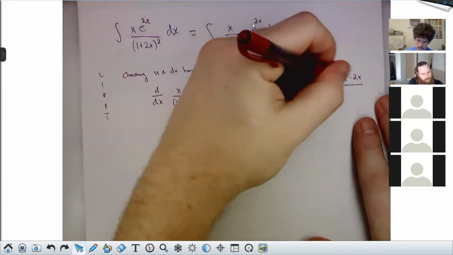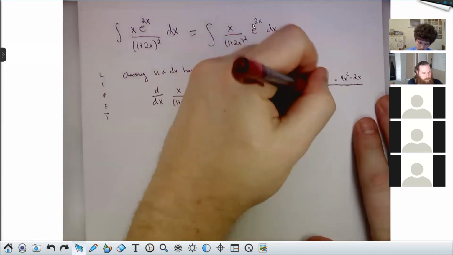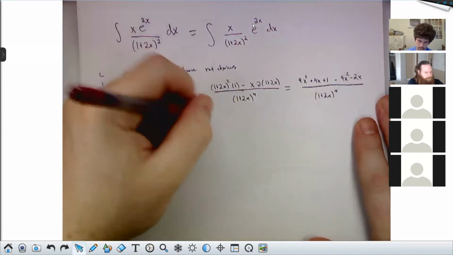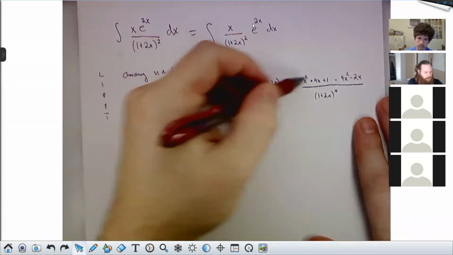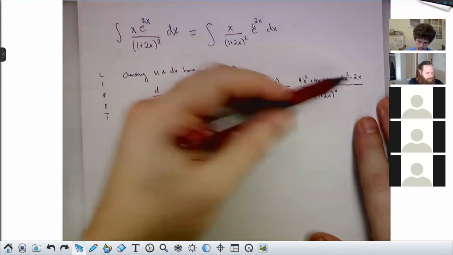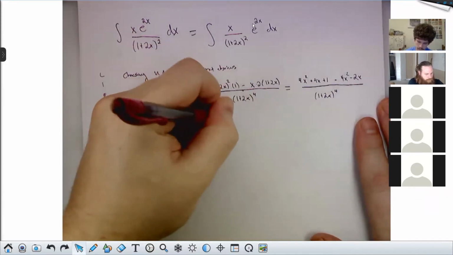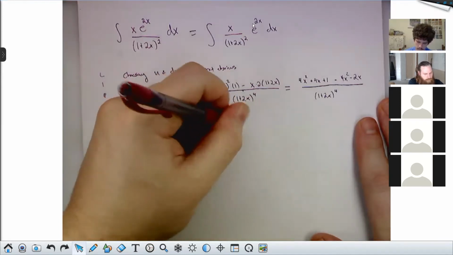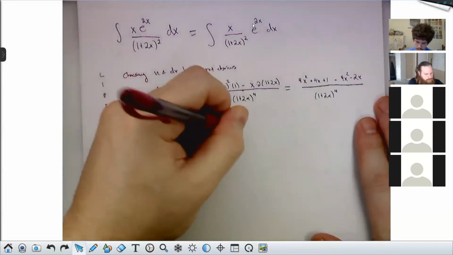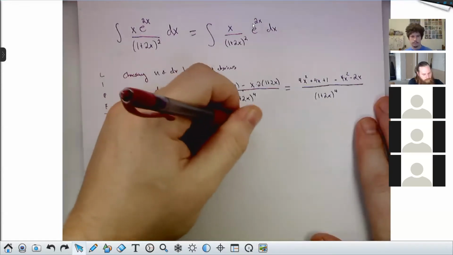And all of this is over 1 plus 2x to the 4. So the 4x squareds will go. And here 4x minus 2x is 2x plus 1 over the bottom, which is 1 plus 2x to the 4.